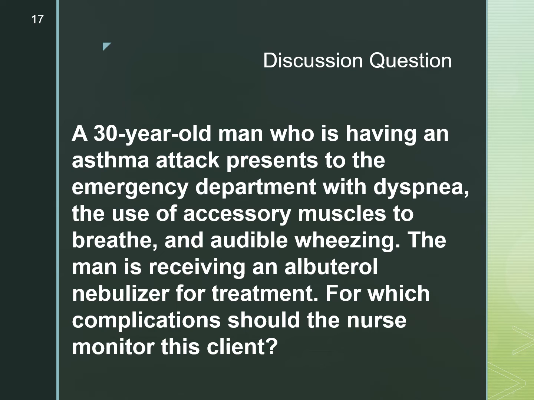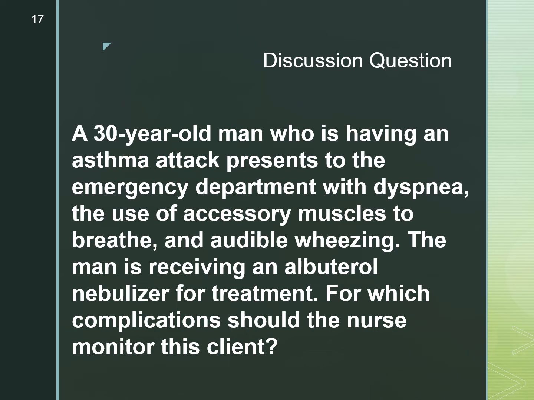Would we still give them albuterol inhaler or nebulizer? Yeah, we would do that. You never know. Sometimes that one more dose is going to be what it takes to help relieve symptoms. So we would definitely do that.